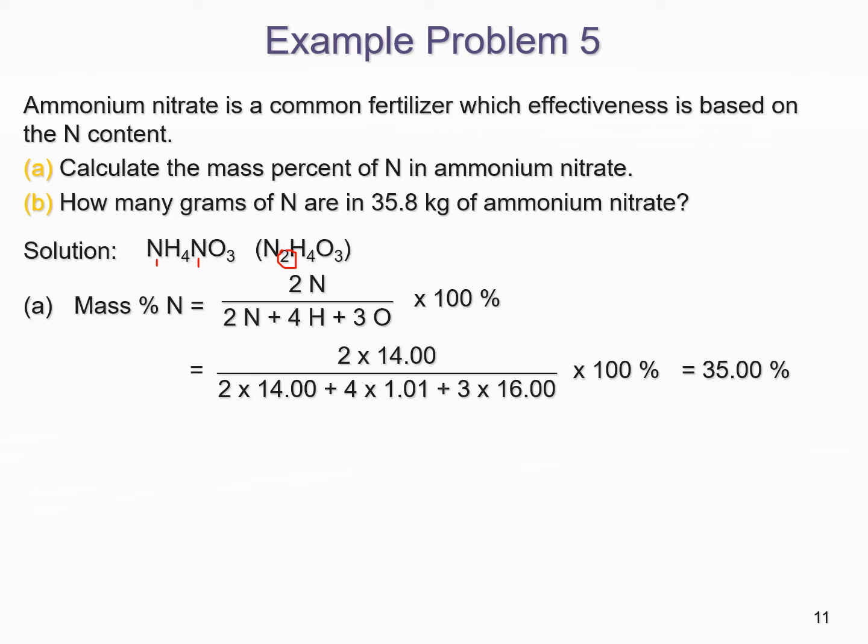Now that we have the mass percent, we can use the first definition to calculate just how much nitrogen we have in that amount of sample, which is 35.8 kilograms. If you remember, 35.00% equals x grams of nitrogen divided by 35.8 kilograms of ammonium nitrate, multiplied by 100%.